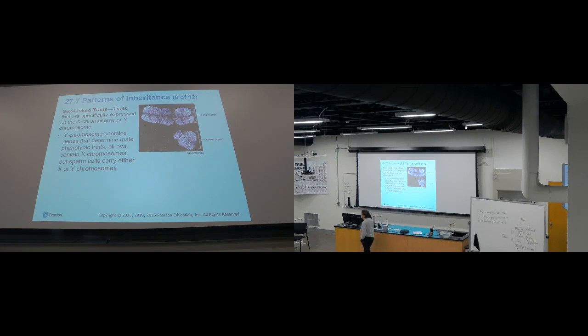So for sex-linked traits, most of the time this again comes from a mutation from the X chromosome. X chromosome, if you can see, this is a scanning electron micrograph taking a picture of the X and the Y chromosome magnified 10,000 times. So see how the X chromosome is bigger than the Y. And the Y has genes that determine the gender.